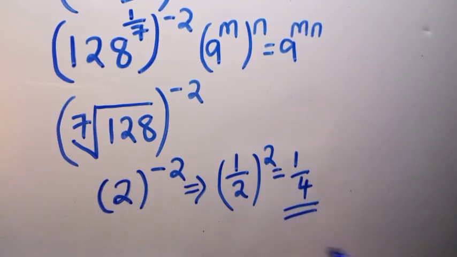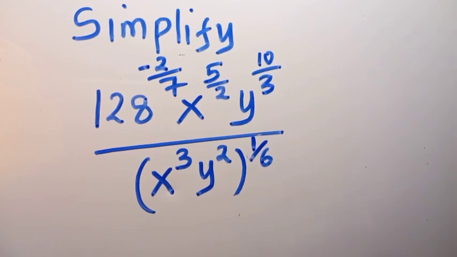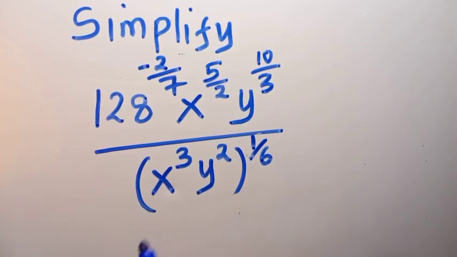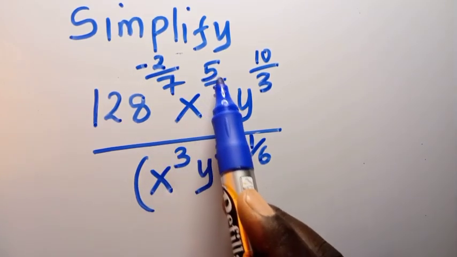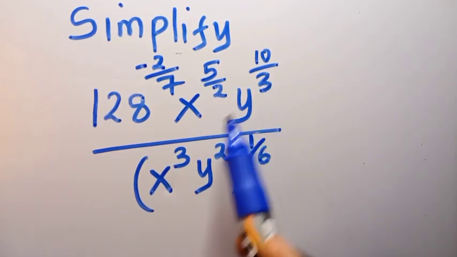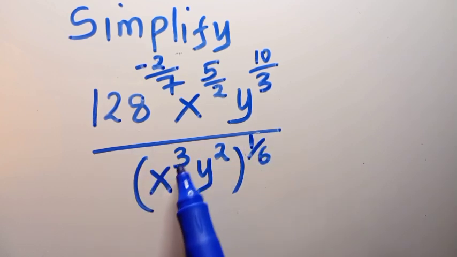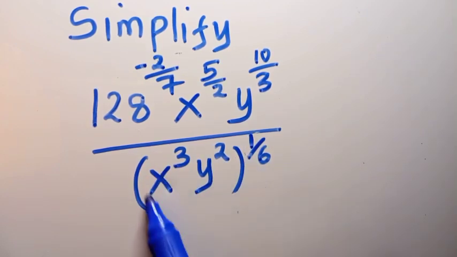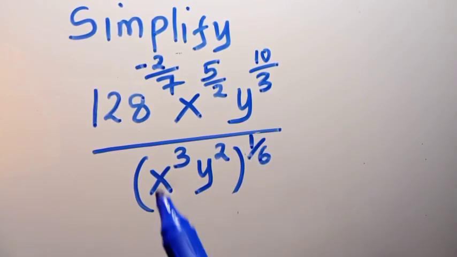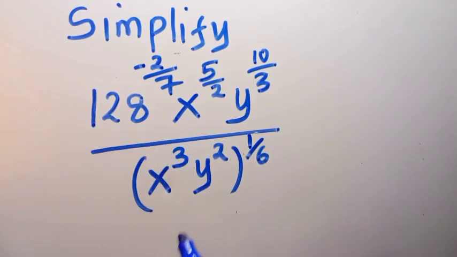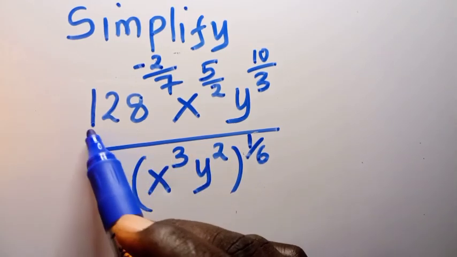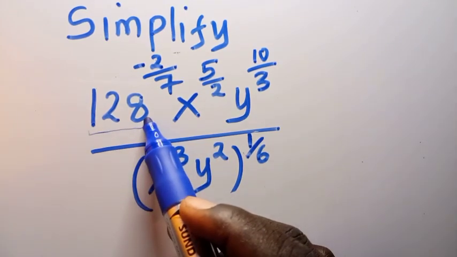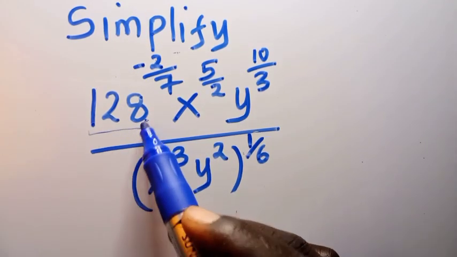Now, after obtaining this, let us have a look at our original question: 128 raised to negative 2 over 7, x raised to 5 over 2, y raised to 10 over 3, all over x cubed, y squared, then close the bracket, raised to 1 over 6. I have already simplified the 128 part to become a quarter.